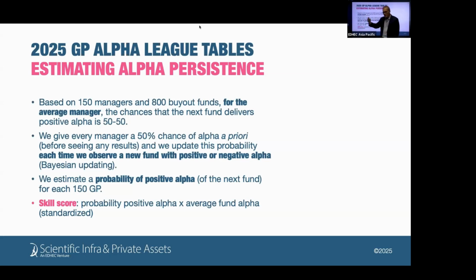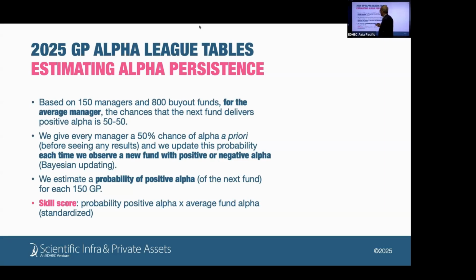So if we keep seeing the same manager delivering fund after fund with positive alpha, we're going to update this probability using a very standard procedure of Bayesian statistical updating, which basically will ramp up this number from 50 to 55, 60, 65, etc. Up until, if we see continuously positive alpha for the same manager, it's going to get close to 100%, because as far as we can tell, they keep flipping the coin on the same side, if you want.